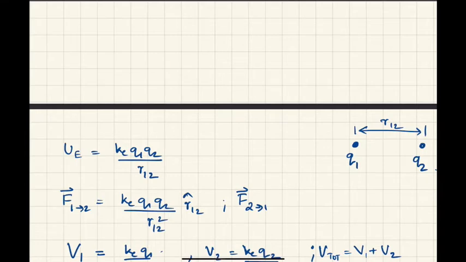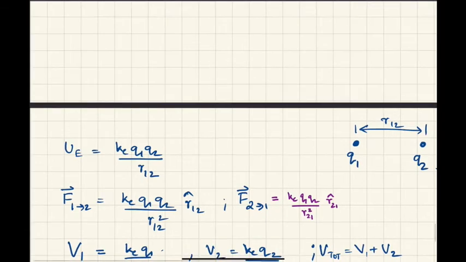And similarly, there is also a definition for the force experienced by 1 due to 2, which has the same form in the numerator, except this is now r21 squared, which is the same thing in terms of distance. r21 and r12 in terms of distance are the same, but what's different is the vector r21 hat, which points in the opposite direction.